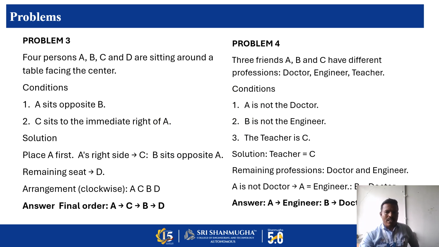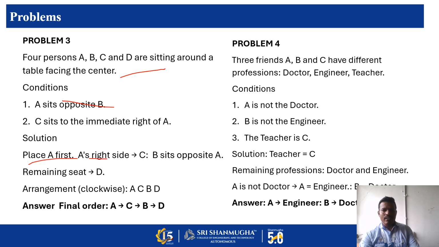Four persons A, B, C, D are sitting around a table facing the center. So this one is a circular arrangement. The conditions: A sits opposite B, so wherever A is, the opposite is B. C sits to the immediate right of A. Now the solution. Place A first.